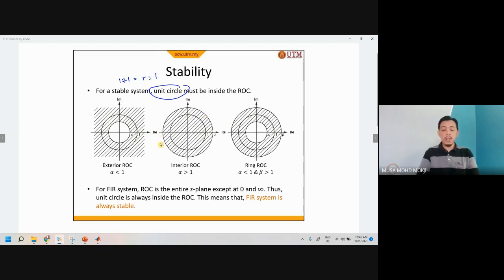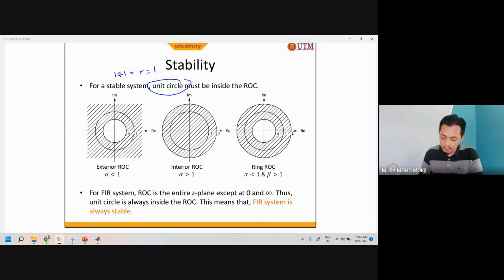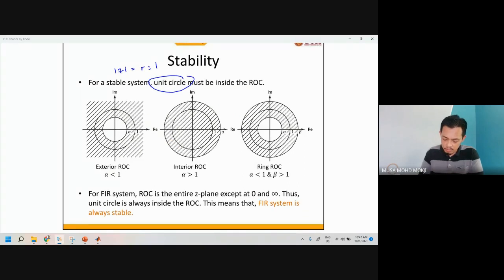First you need to have your ROC. What is the ROC for this one? The ROC is |z| greater than alpha. Those with lines are the ROC, described by |z|, or the radius, greater than alpha, because this is alpha.